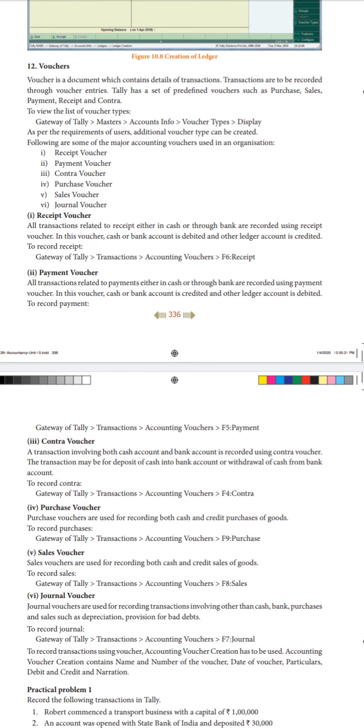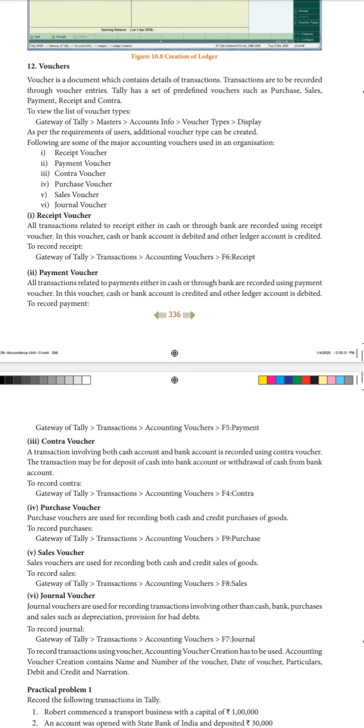The third one is contra voucher. Contra, I hope you all remember what it is. We already did this when you were in 11th standard itself. Contra means opposite, which means in a transaction both cash and bank account are involved. Those types of transactions are called contra transactions or contra vouchers. When we withdraw cash or pay an amount into the bank, that is, deposits into bank or withdrawal of cash, all these are contra entries.